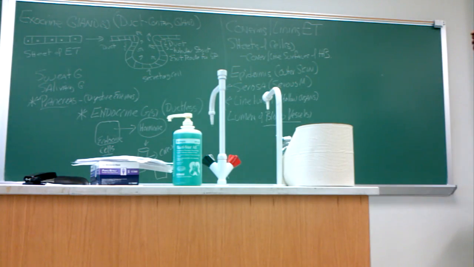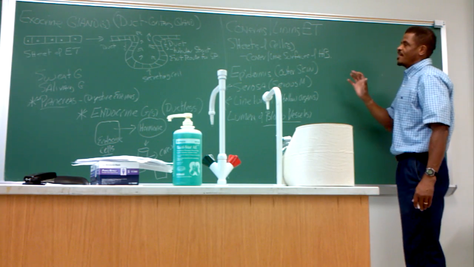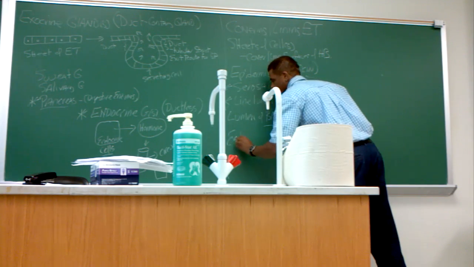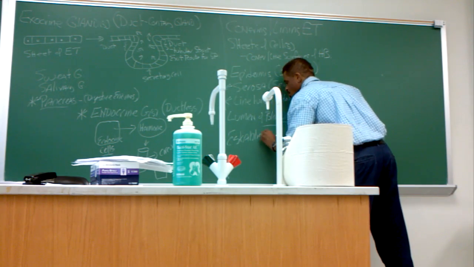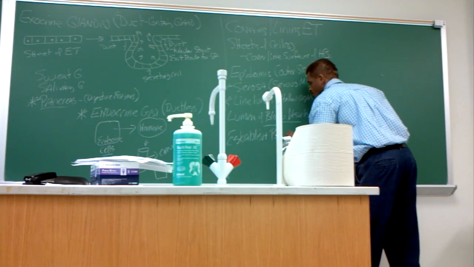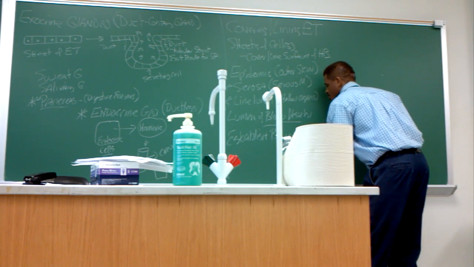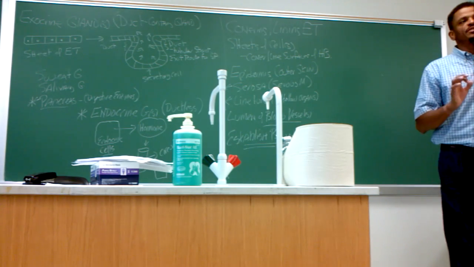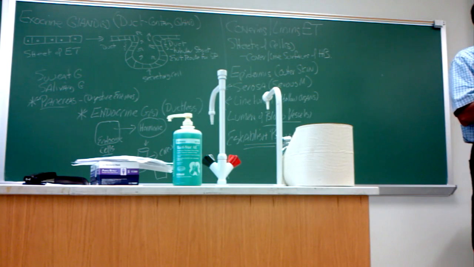So as we take a look at the covering and lining epithelial tissue, it helps to establish boundaries between different compartments within the body. So it helps compartmentalize environments within our body.